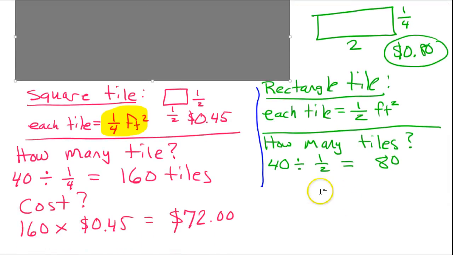Now let's figure out how much that's going to cost. Alright, well 80 tiles, so that means I need to do 80 times 80 cents.